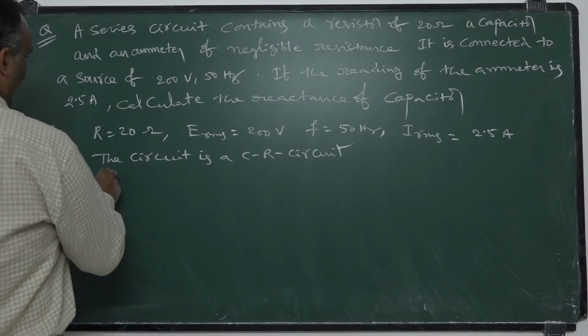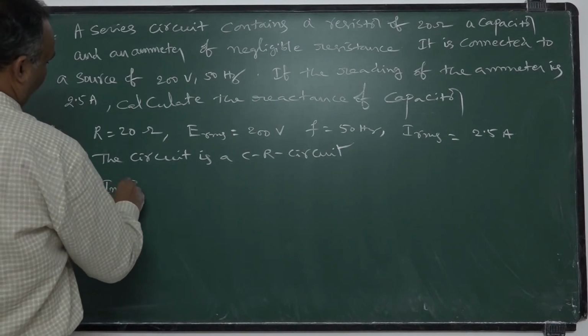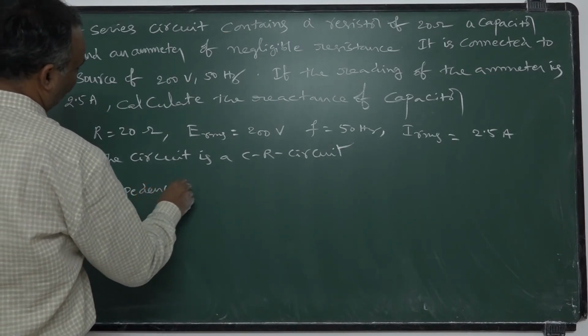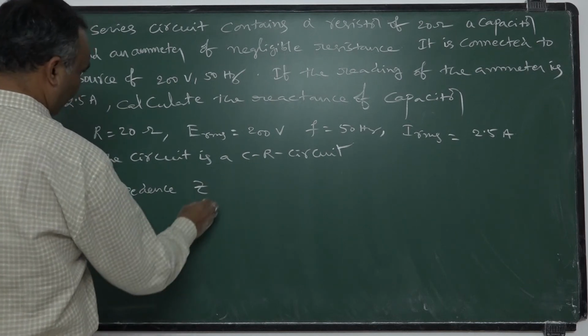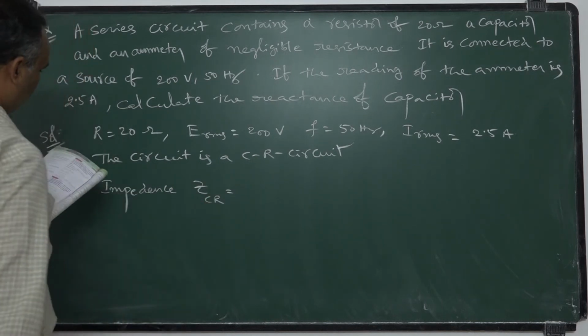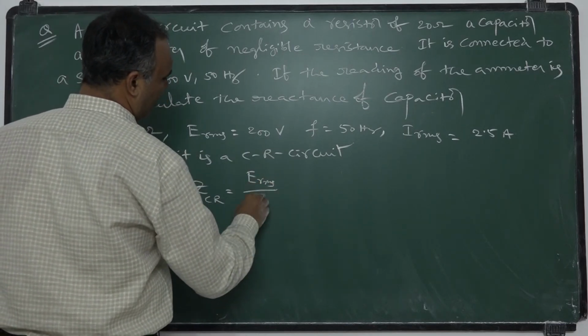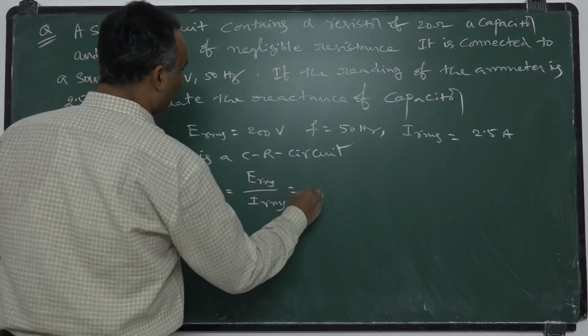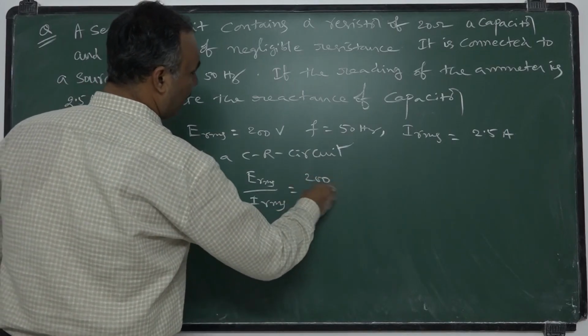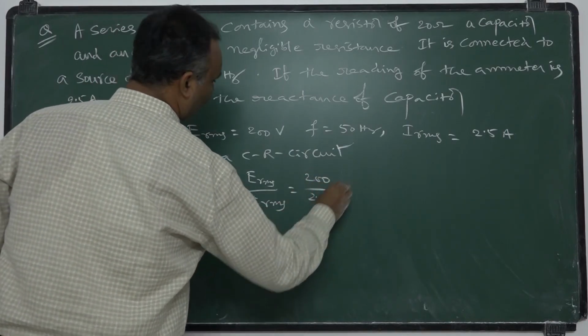Impedance of the circuit, you can write ZCR, or you can write ERMS by IRMS. ERMS is 200 by IRMS is 2.5.